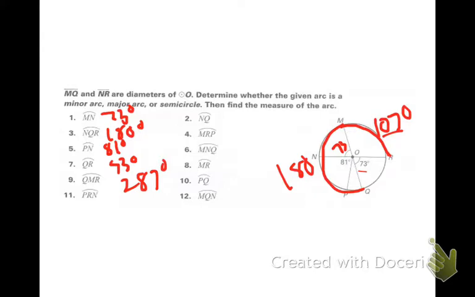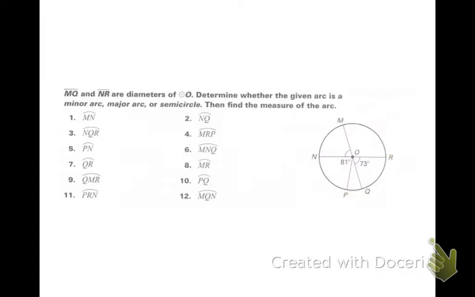Let's do PRN. PRN is this arc. Okay. How would I find its measure? Anybody? PRN?